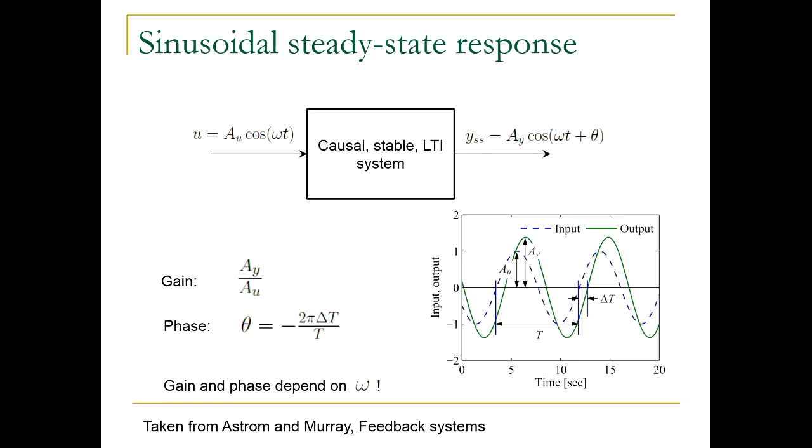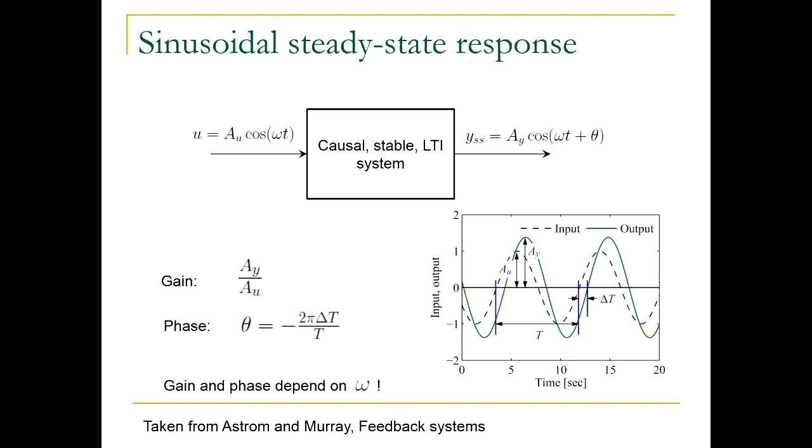And then from the steady state output and the input, you can calculate the gain at that frequency omega and the phase at that frequency omega. So you can experimentally figure out all of these things. You run an experiment, you record what Y_SS is, you know what U is, and then you can calculate from these diagrams, right? You plot these, and you can determine what gain and phase are.